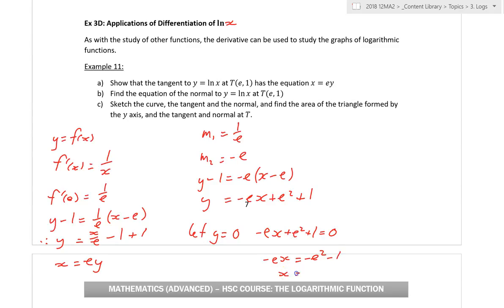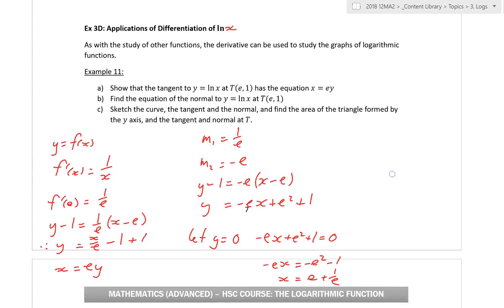That means that x equals e, because that's e squared over e, and the negatives cancel out, plus 1 over e. So I have an x-intercept. A y-intercept.